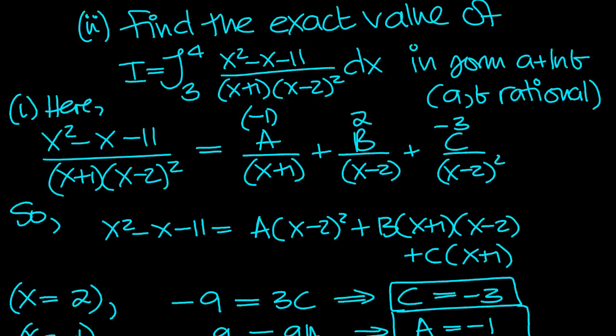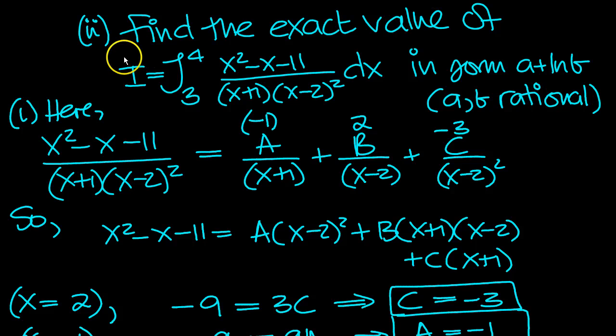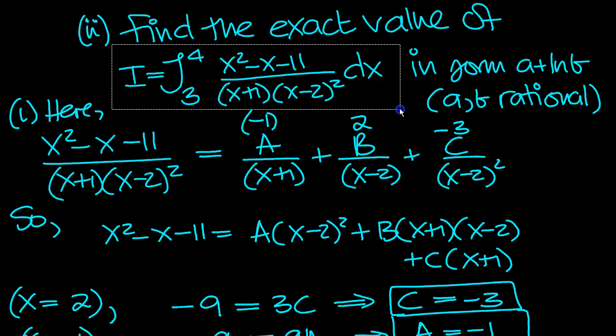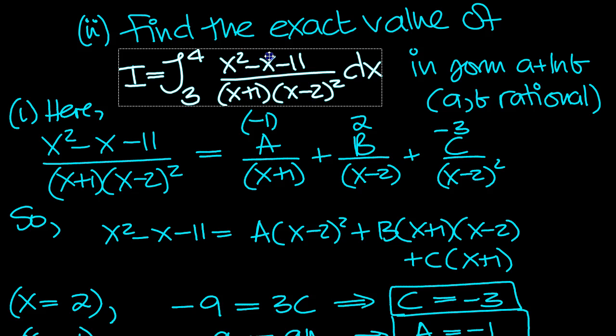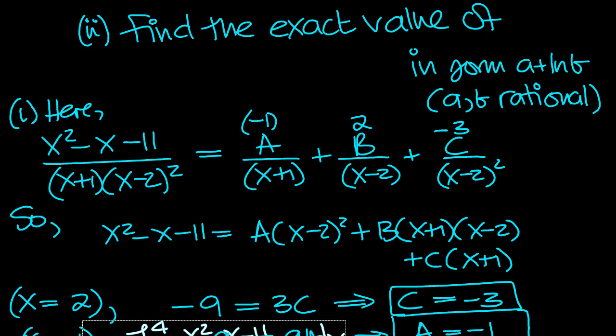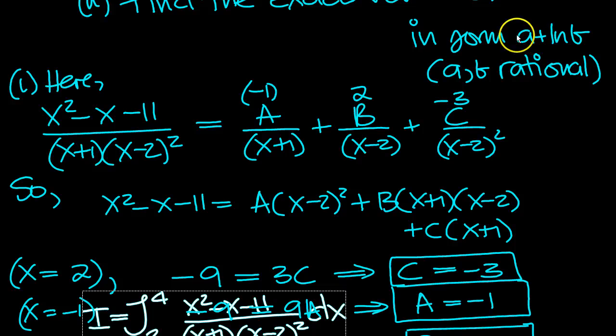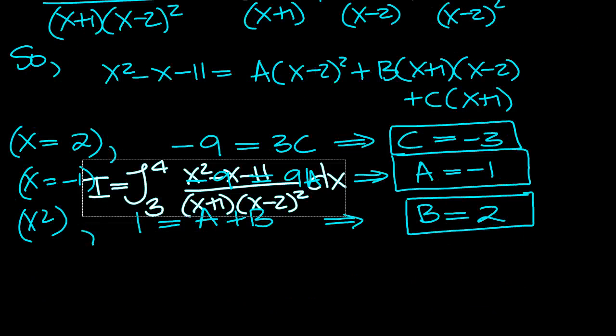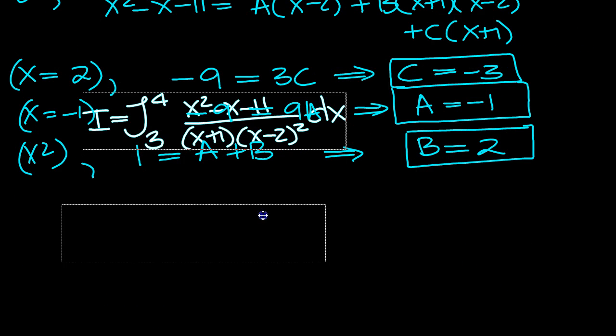Now let's have a look at the integral problem then. So here we've got this integral. So let's turn our attention to this now. And we need to find it in the exact form a plus log b, where a and b are rational. So part 2.